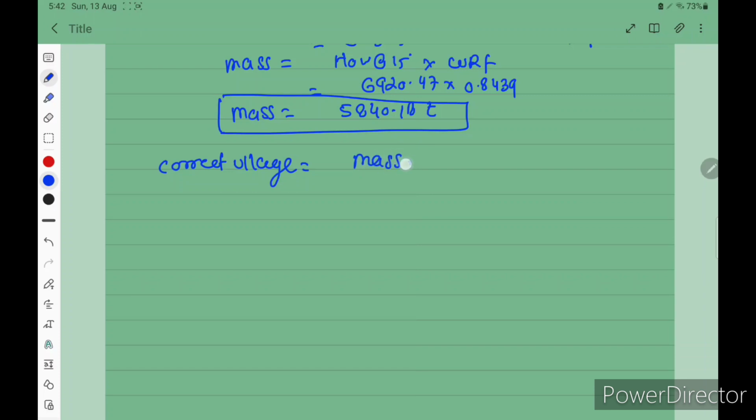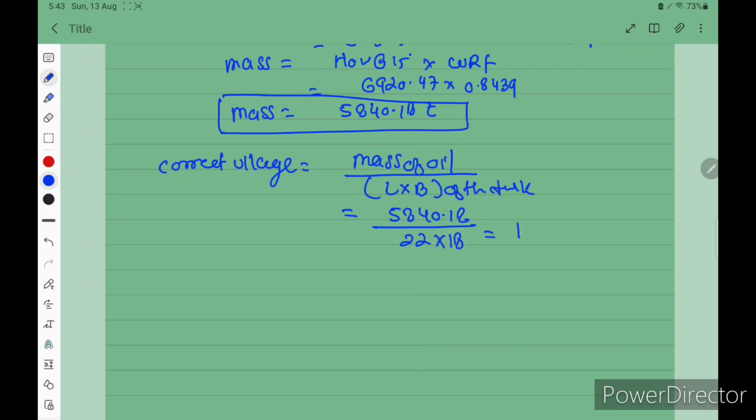So the height of oil is mass of oil divided by length into breadth of the tank. Divided by 22 into 18, so we get 17.64. Okay, now we require the height of oil, the sounding, or we can say oil height.